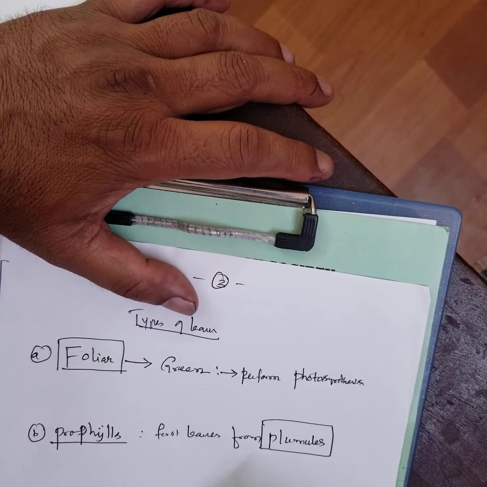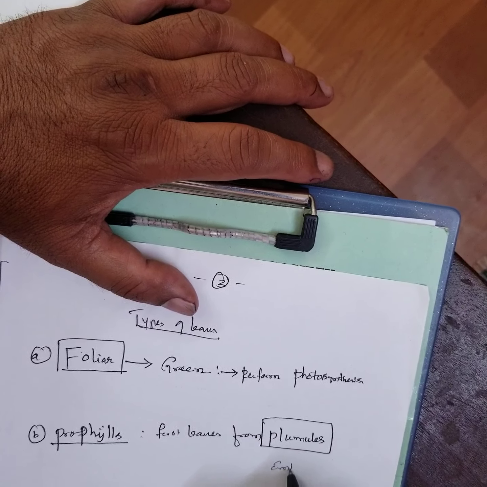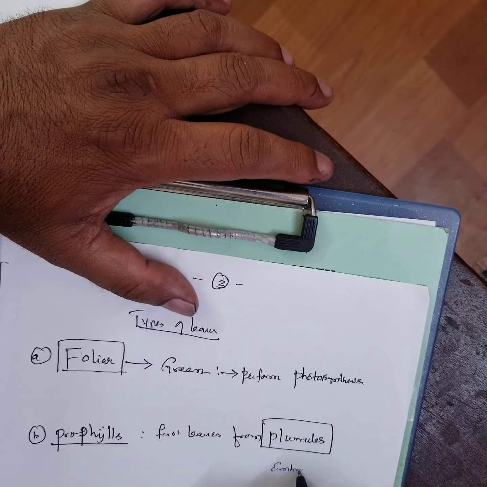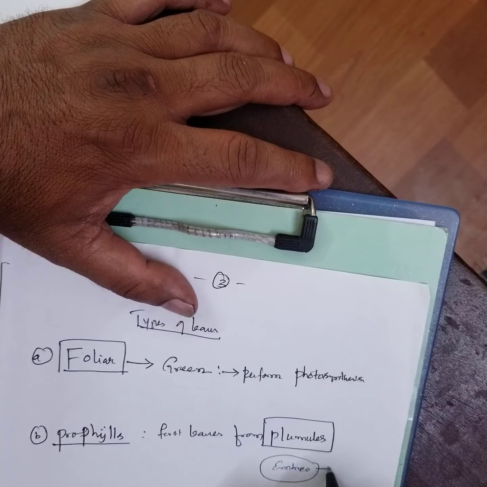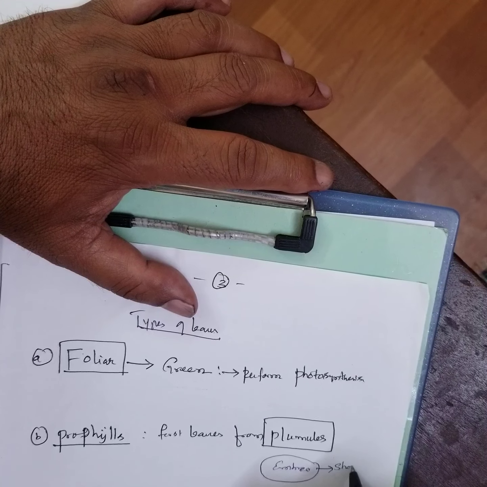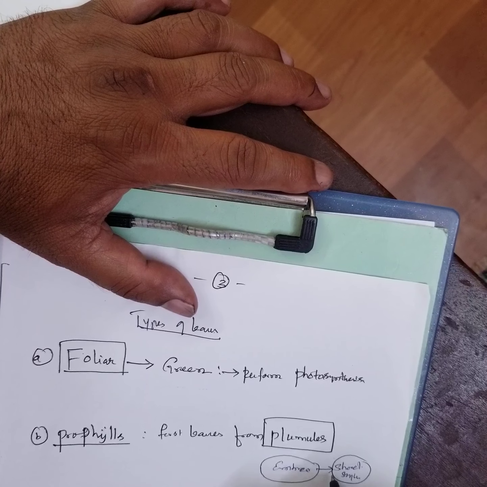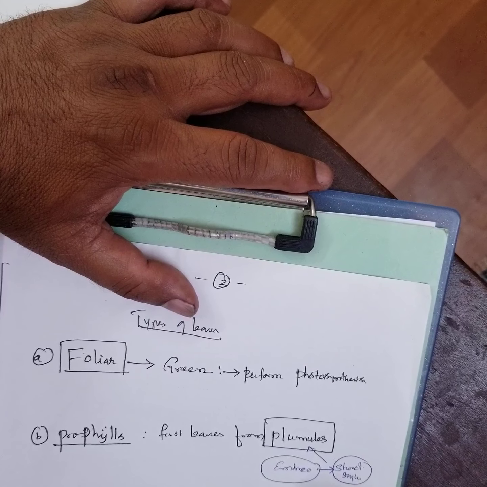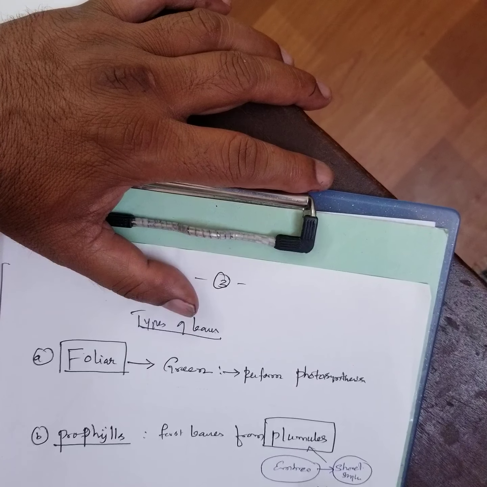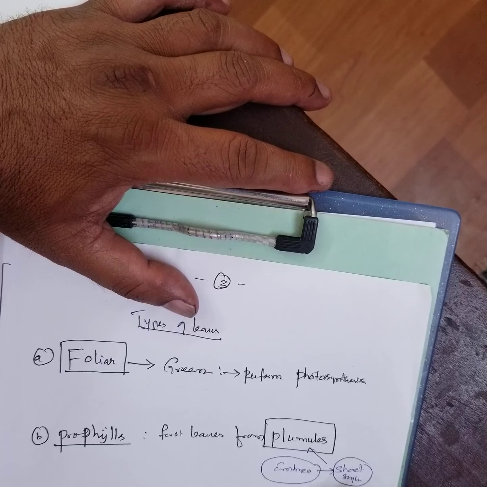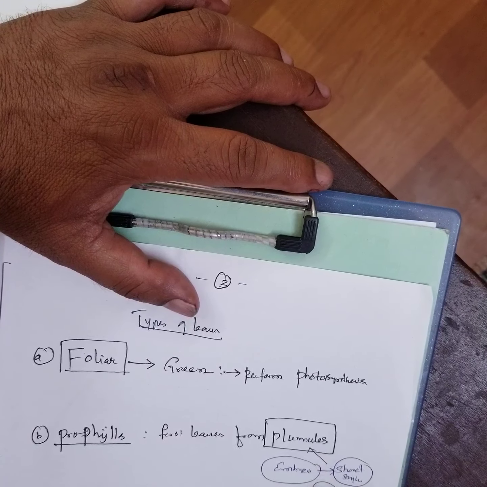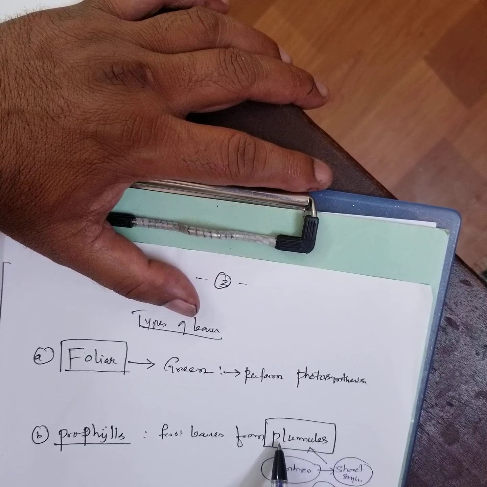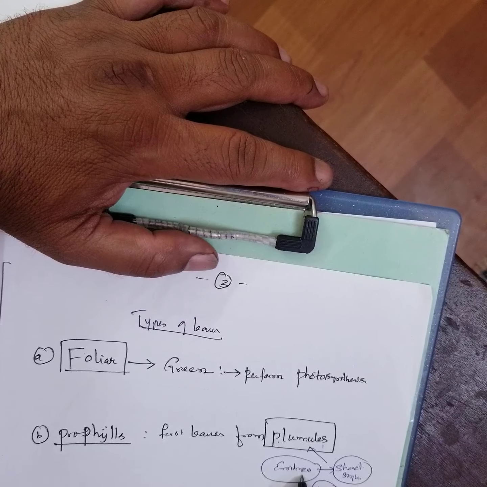Plumules. Actually, in the embryo, the shoot system is given by plumules. See, a plant consists of two things, no? Root and shoot, right? This system is developed because of the plumules in the embryo. Okay.